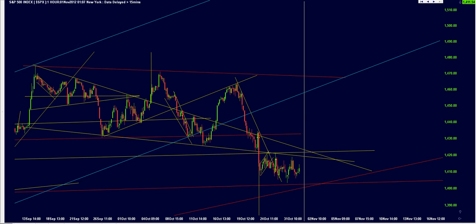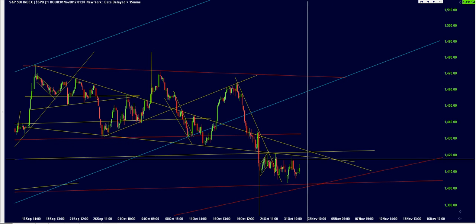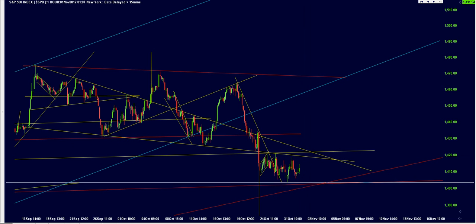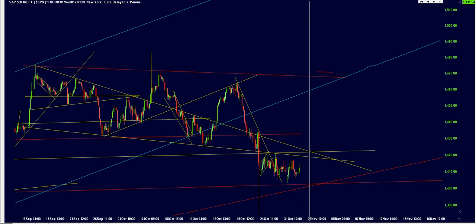That support level comes in around 1405, 1407 area, and then we have our overhead resistance areas around the 1410, and then another area of resistance around 1425 area, and we also have this descending level of resistance also. So there is a lot of overhead resistance for the S&P 500, and we are expecting that this market will eventually break down and meet that target.